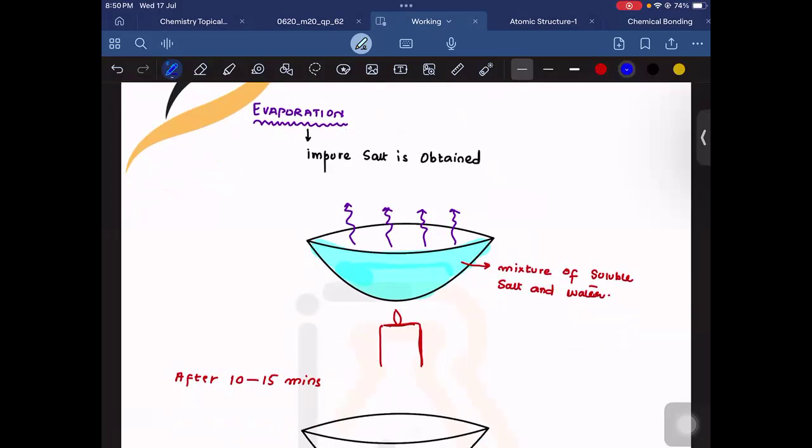But also, we cannot separate impurity due to small size.